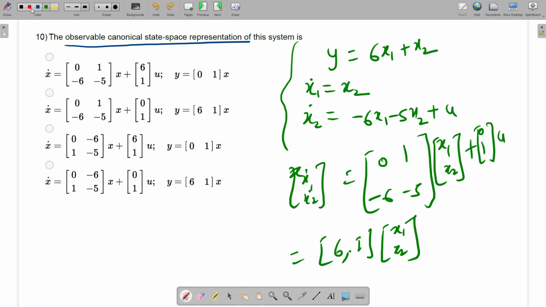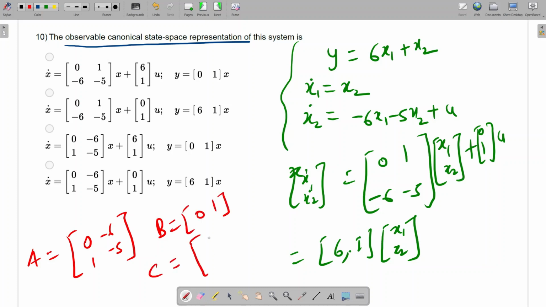For observable, A will be equal to 0 1 minus 6 minus 5, B will be equal to 0 1, and C will be equal to 6 1. Correct.